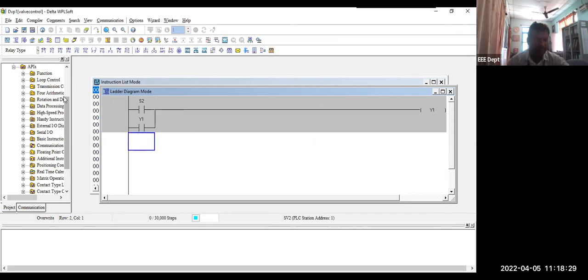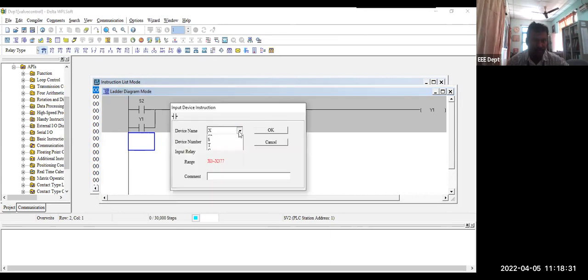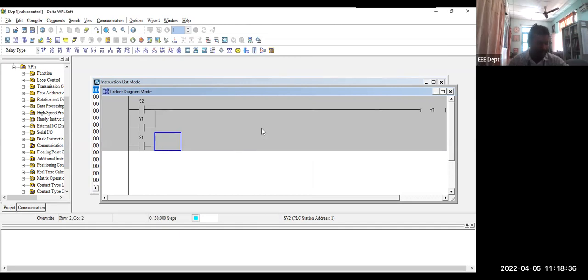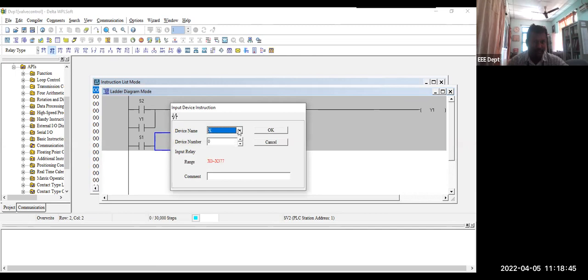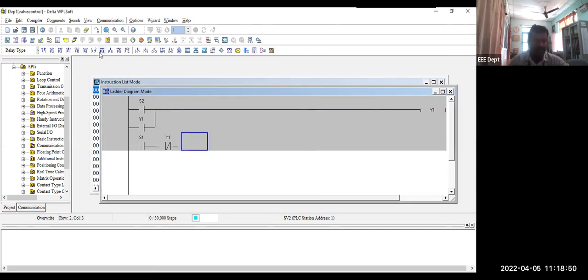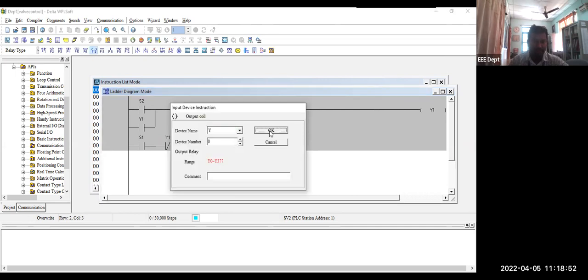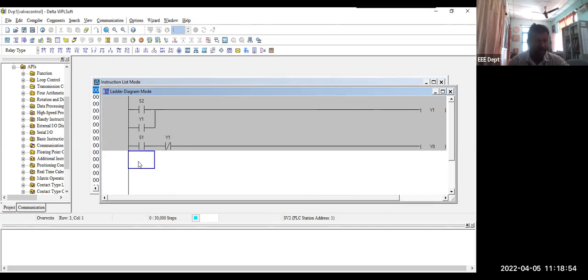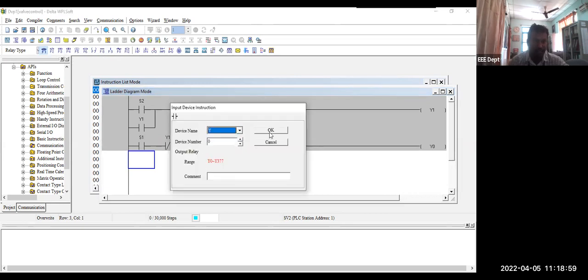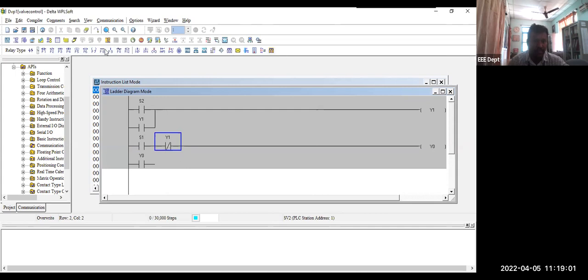Next S1, Y1 NC switch, Y1 NC, Y0. Here Y0 is latching, connected like this.